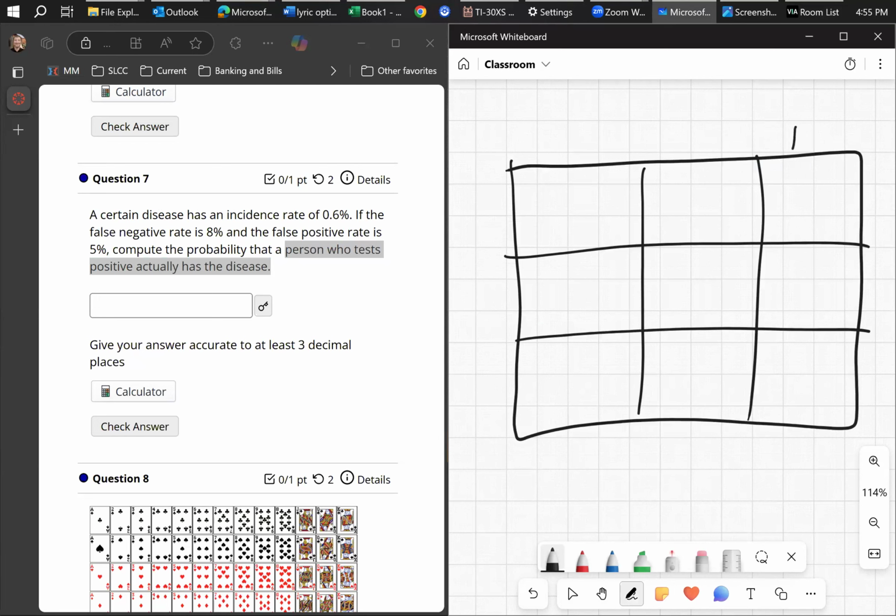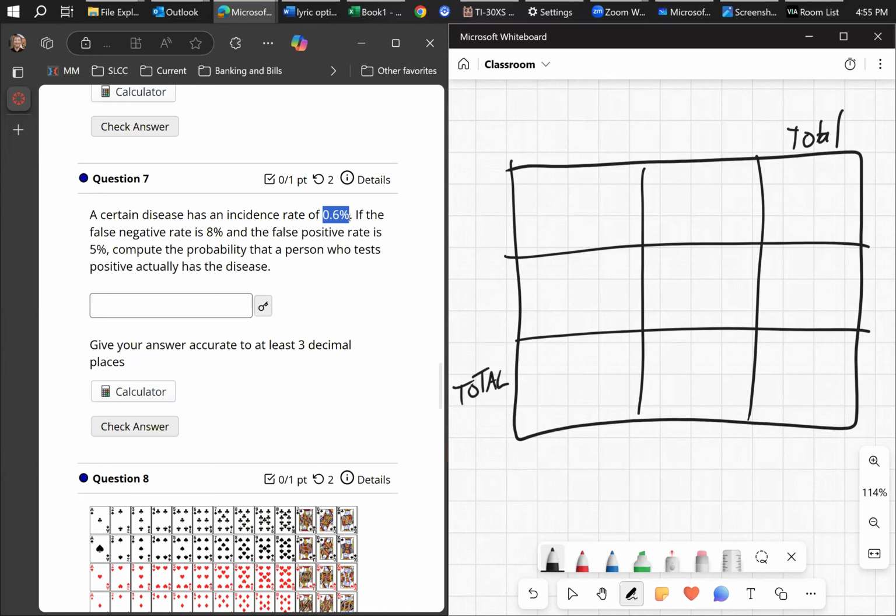So we know this is total, and this is total. These are subtotals, and down here's the grand total. There are 2 questions that show up. One is an incidence rate with the percentage, like this one, and another where they say instead of a percentage, like 1 out of every 500 people.